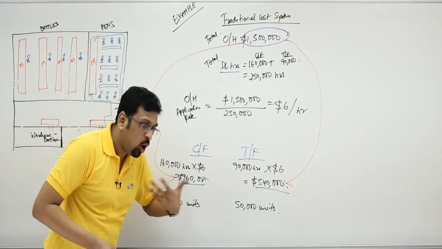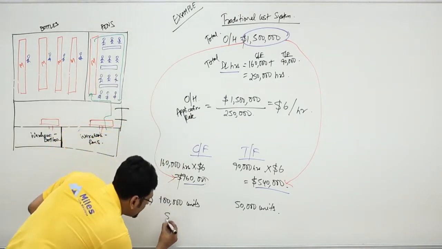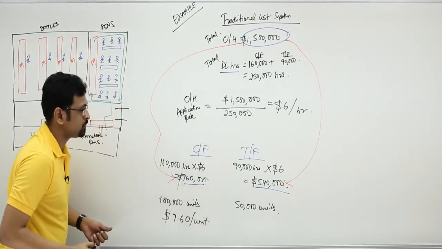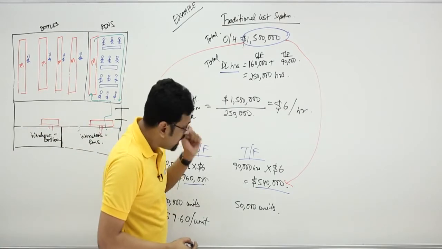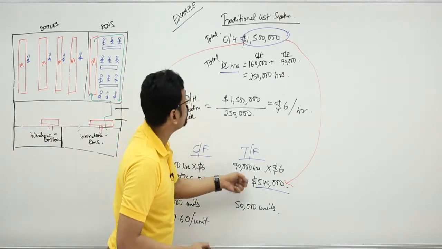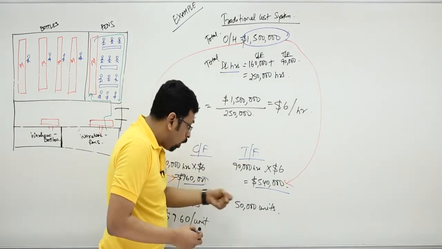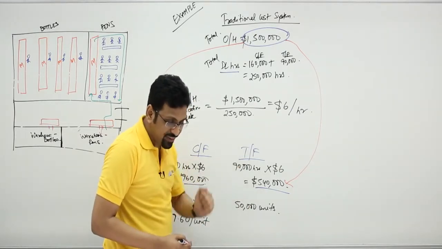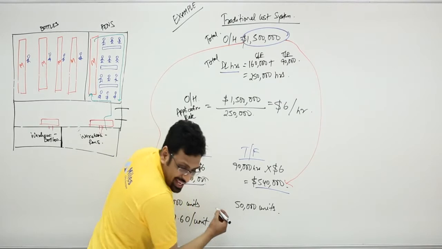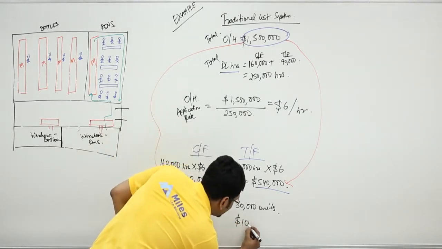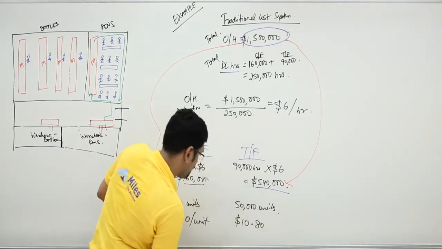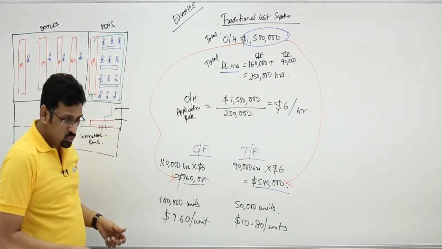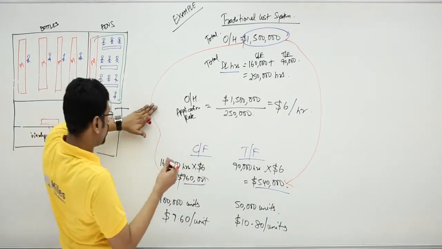So every unit of ceiling fan got $9.60 of overhead. Now looking at table fan, $540,000 of overhead got applied on the 50,000 table fan units. So every table fan got $10.80 of overhead costs. So this was using the traditional costing system.